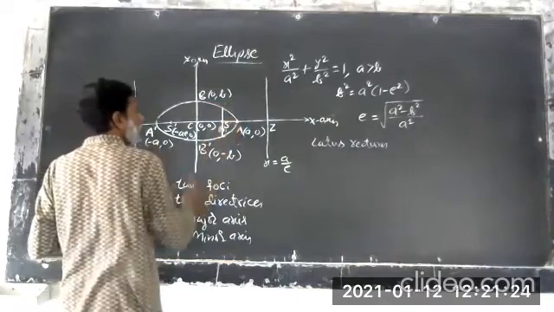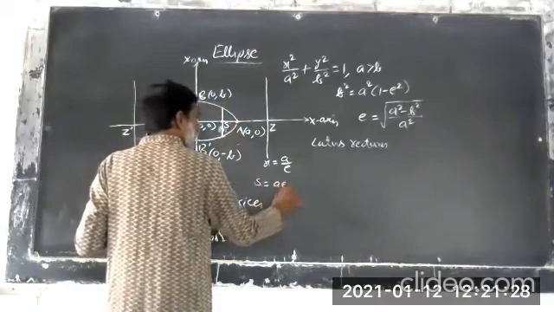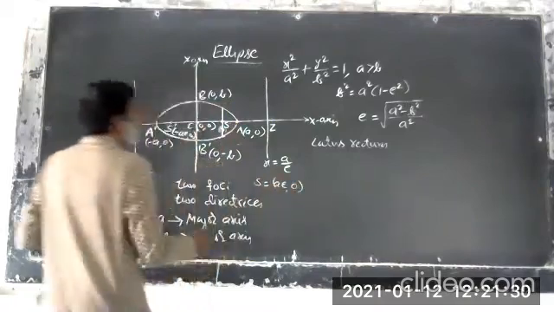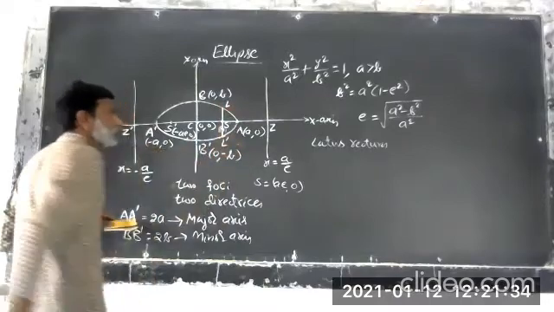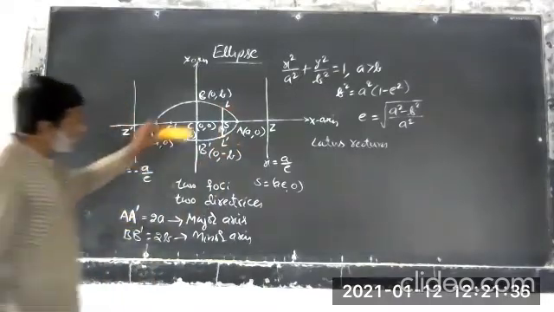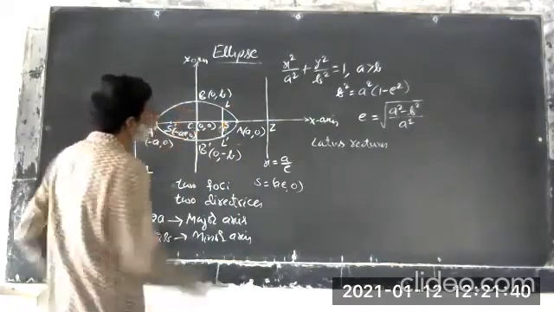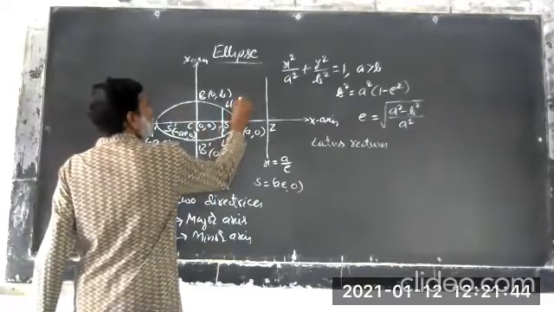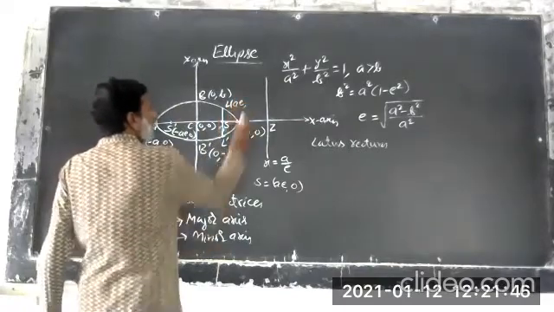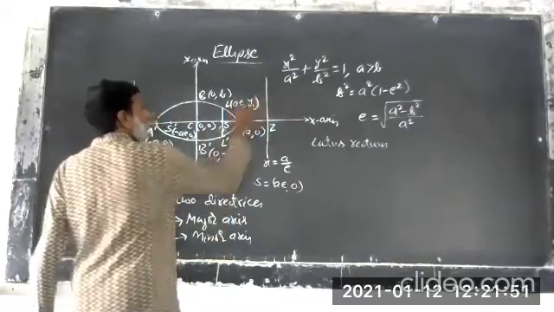So if you draw a perpendicular here, this is S, whose coordinates are (AE, 0). Now if you take the endpoints of the latus rectum as L and L dash, what could be their coordinates? The x coordinate is AE, and the y coordinate we don't know, let it be y1.